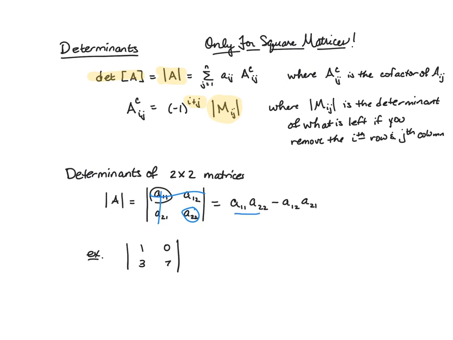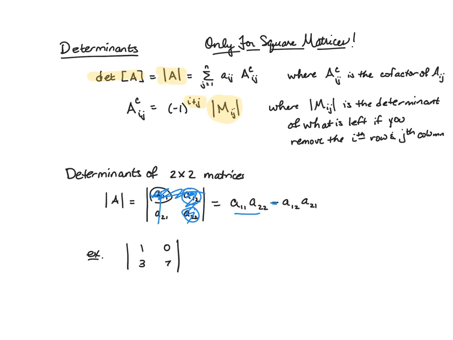And then I'm going to come to this next position, and I'm going to take A12, multiply it by -1 to the I plus j, or 1 plus 2, so -1 to the third power, so that's going to be a -1, and then multiply that by what is left over if I scratch out that row and column.